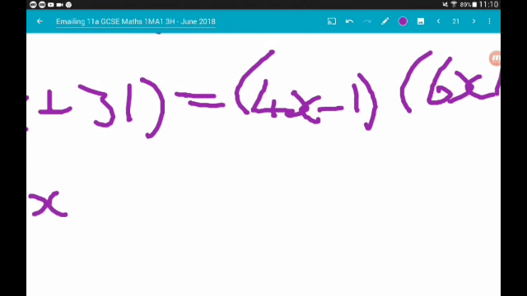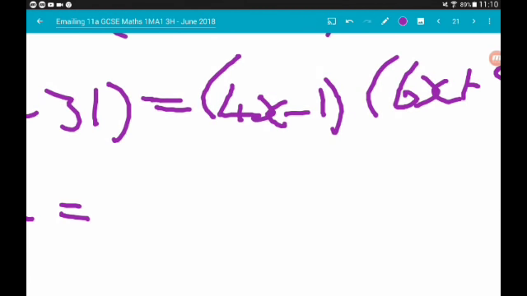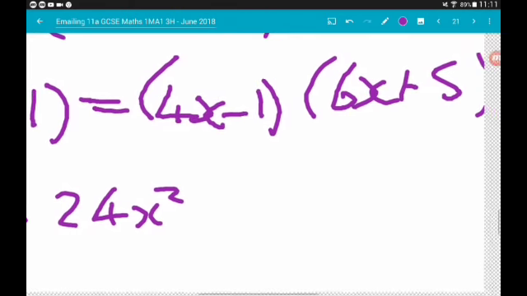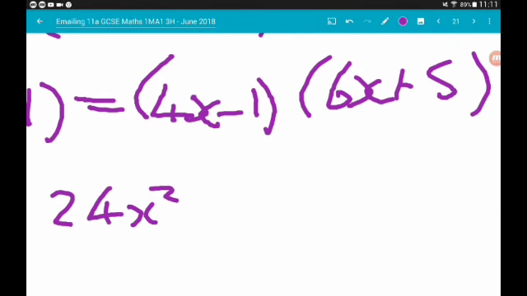Use whatever method you like to use to expand brackets. So, 4x times 6x is going to give us 24x squared. Now if we do 4x times 5, then we get 20x.